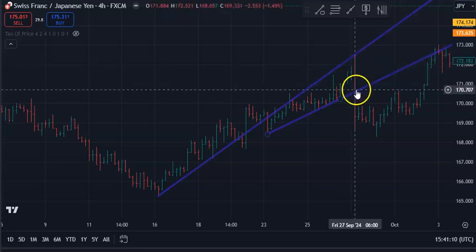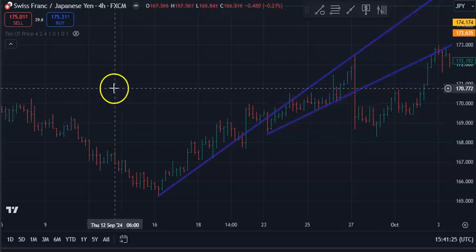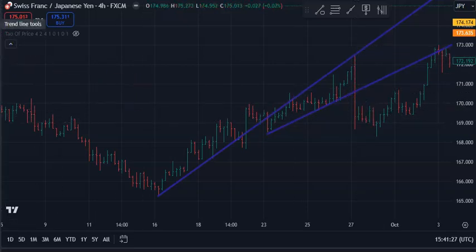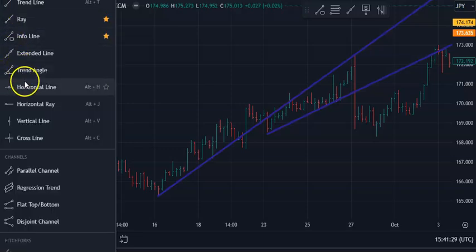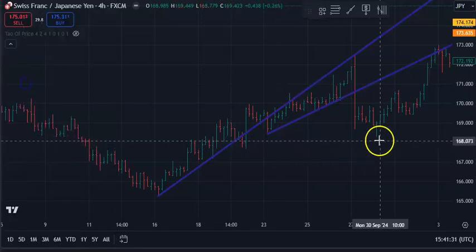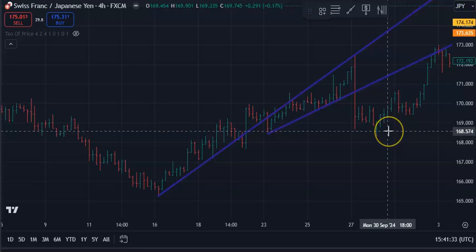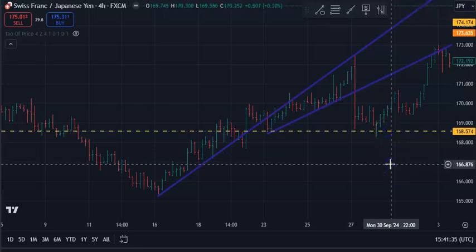So 197 points from 170.55, let's just go 200 points out. That brings me down to 168.55. Close enough. 168.55 is a price projection.